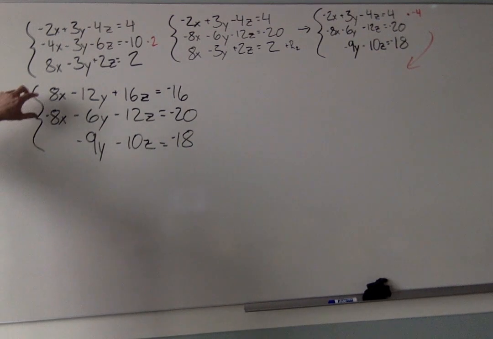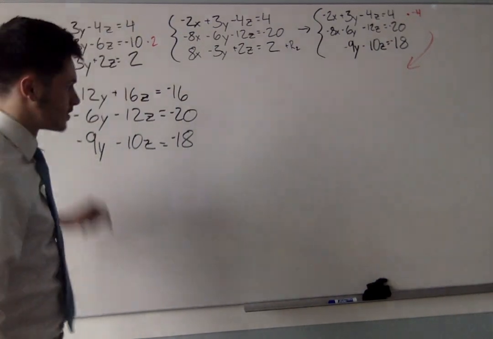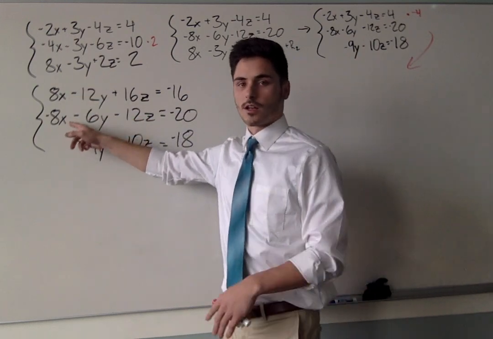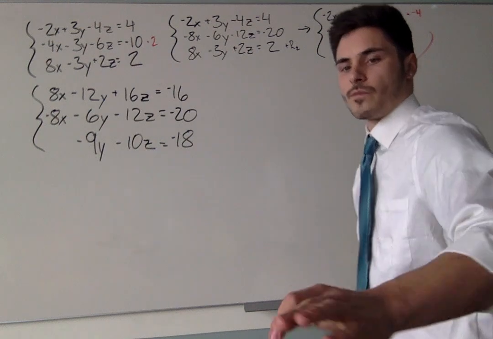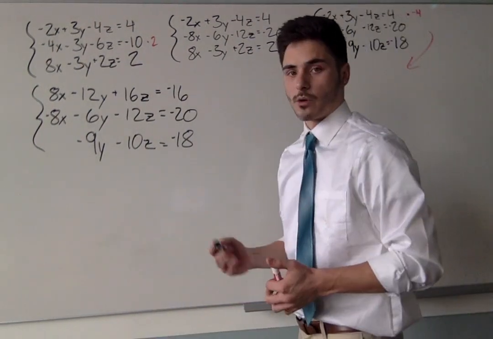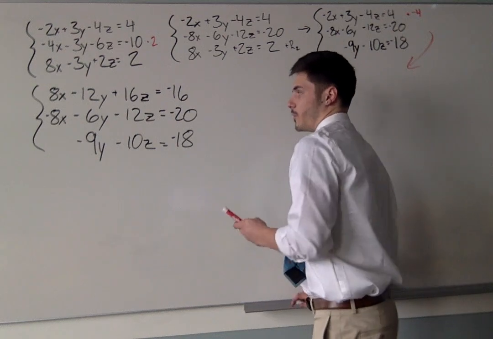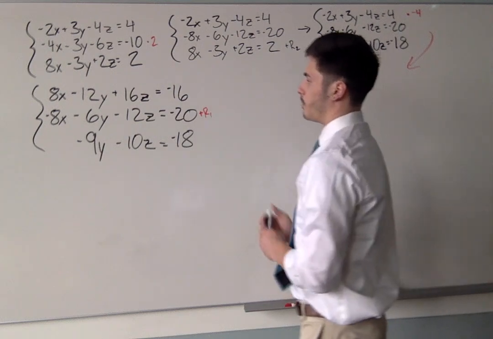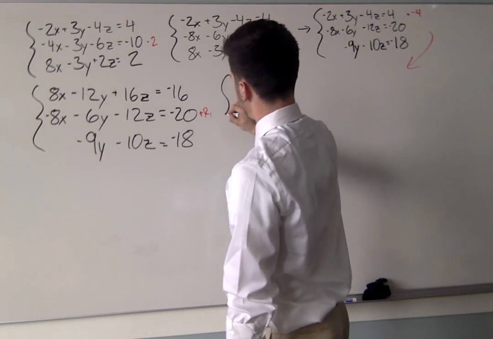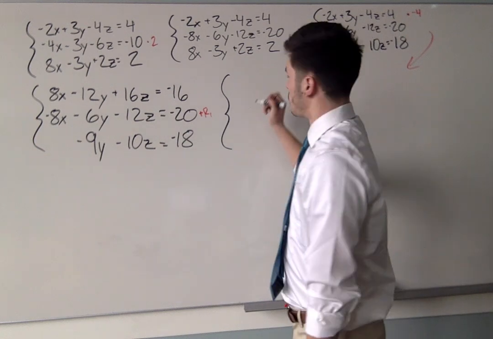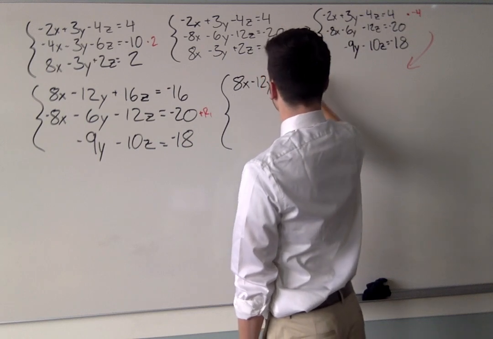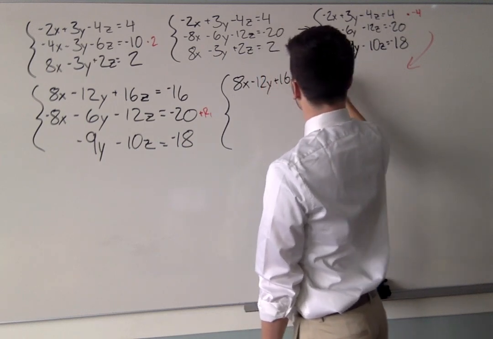And now we see that once we add R1 to R2, we can get rid of this negative 8x, and then we will be left with only one x variable, which is exactly what we want in row echelon form. So, like I said, we will add R1. We'll rewrite our system. So we've got 8x minus 12y plus 16z equals negative 16.